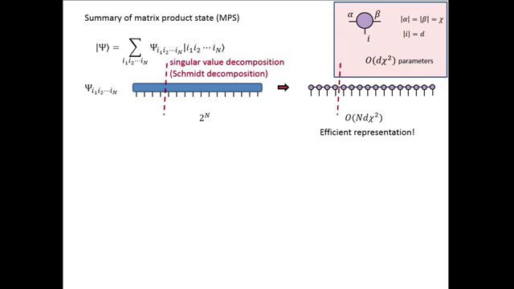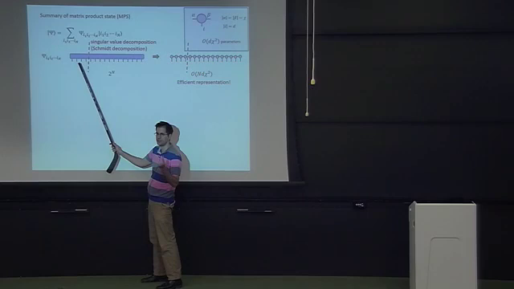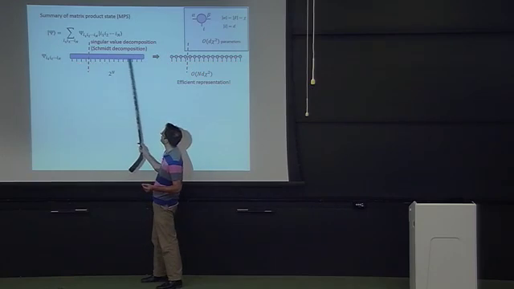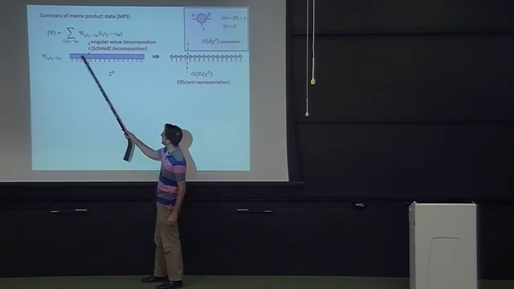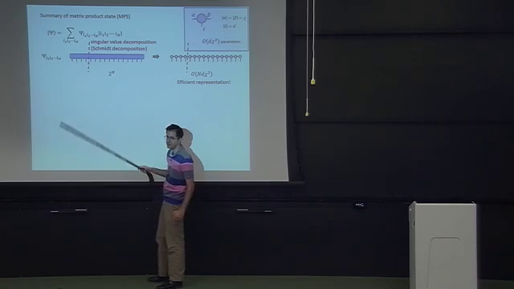And we also discussed that there was a close connection between this and entanglement in the wave function. You can think of the MPS as a sequential singular value decomposition of this tensor, where you go to some particular cut and take all the indices to the left, put them together, this is one index. Take all the indices to the right, put them together, that's another index. Automatically, this becomes a matrix.